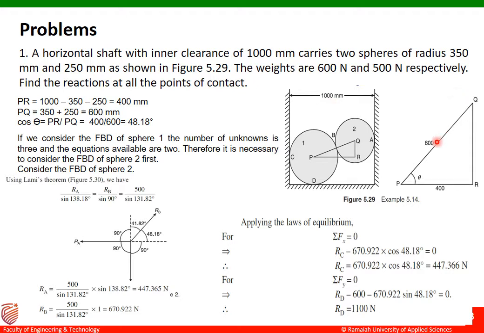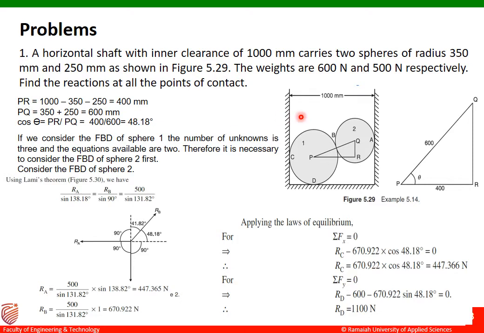Fine. Now PQ is the radius of circle 1 plus the radius of circle 2, so we get the answer as 600, that is 350 plus 250. Next we have to find the answer for PR.